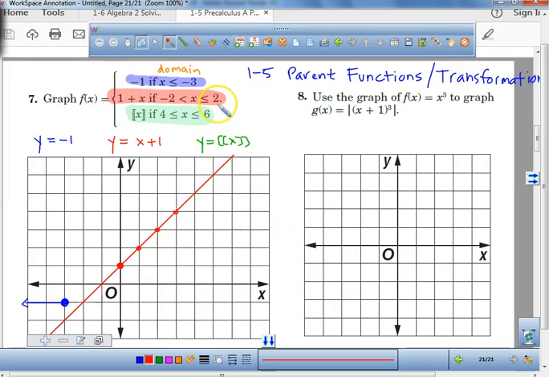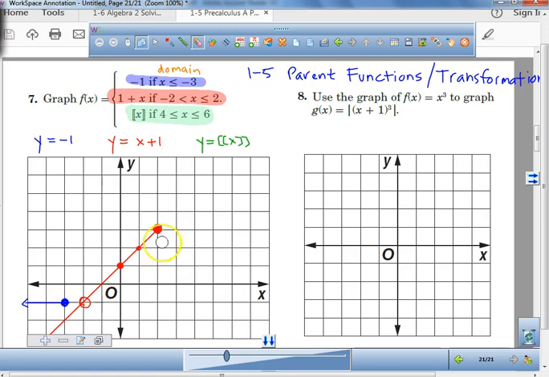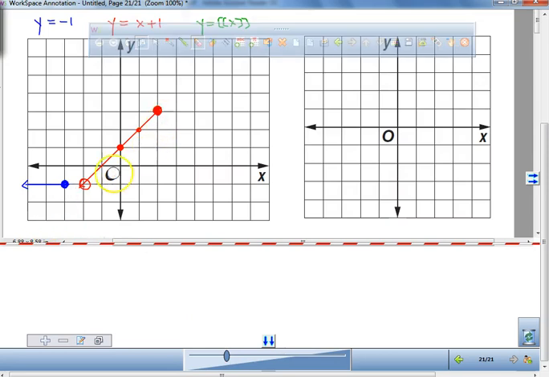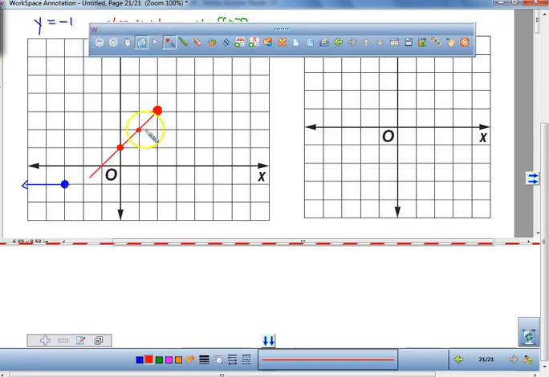Now, we're only supposed to plot points where x is less than or equal to 2. So I'm going to go over to right here and put a solid dot right there. And greater than -2. So I'm going to go all the way to where x is -2, and I'm going to put an open circle right there. The only points I'm allowed to plot are between -2 and 2.